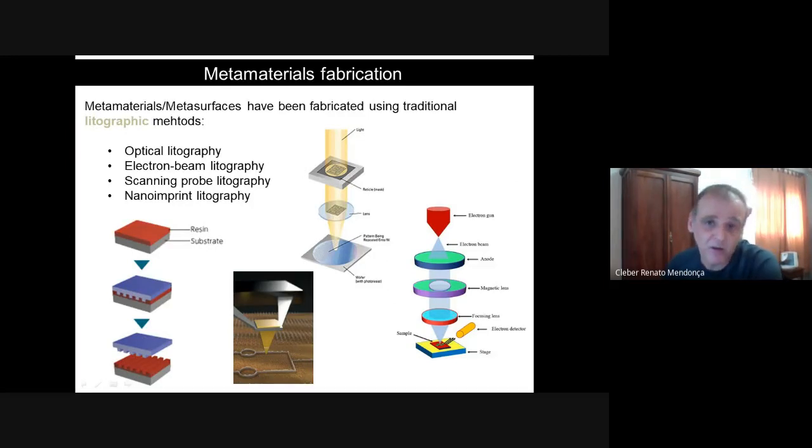So in general, the way we fabricate metamaterials or metasurfaces is by using the traditional photolithography methods, such as optical lithography, electron beam lithography, scanning probe lithography, and nanoimprint lithography. So those are methods that everyone knows how to use very well nowadays.